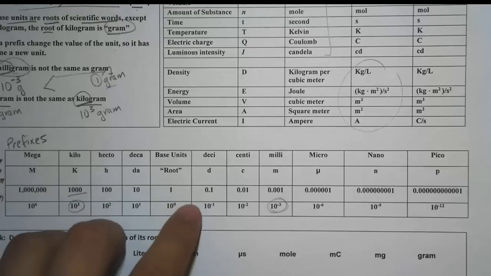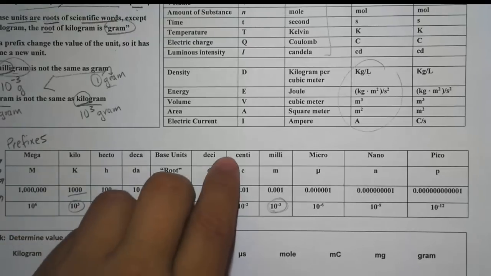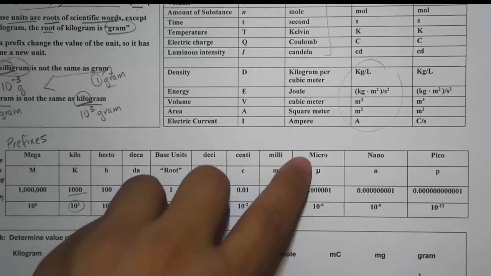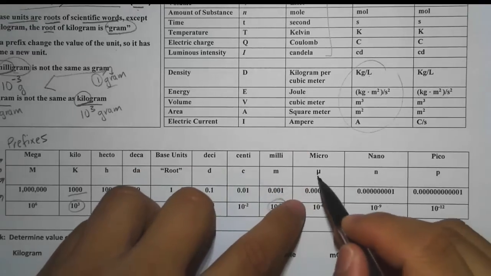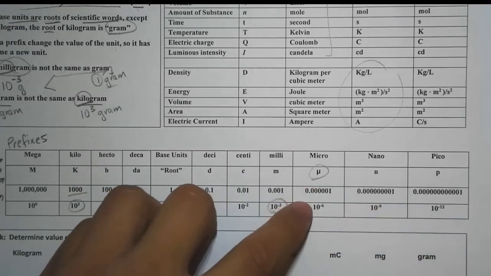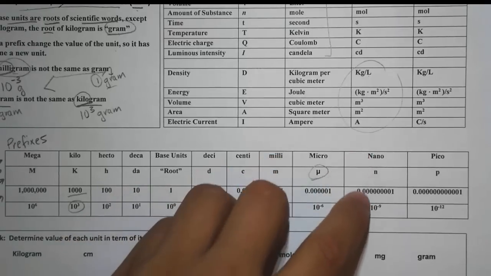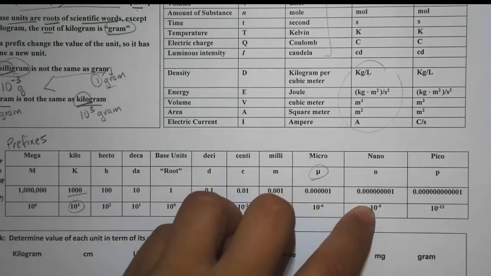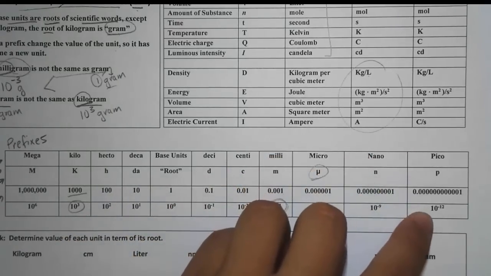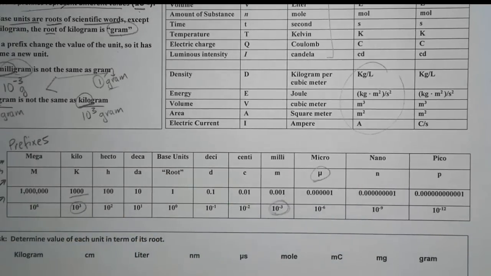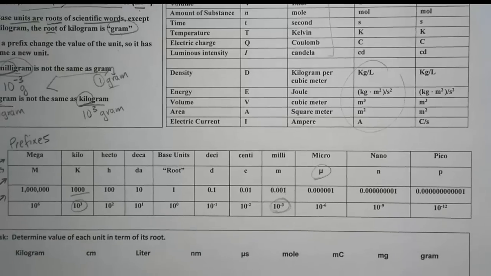Deci is 10 to the negative 1, centi is 10 to the negative 2, milli, 10 to the negative 3, micro, which is represented by this symbol that looks like the letter U, 10 to the negative 6, nano, 10 to the negative 9, and pico, 10 to the negative 12. Keep that in mind. I will show you a shortcut to memorize all of these prefixes and their values in the next video. But for now, let's learn how to apply it.